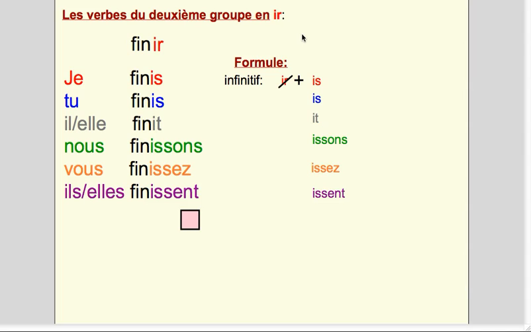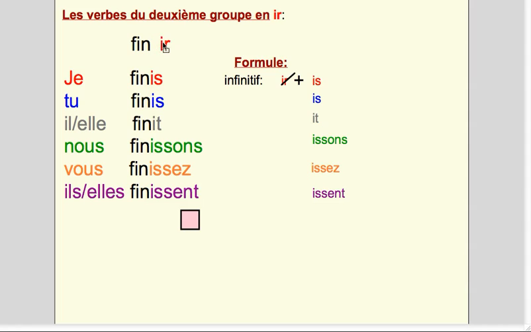Then for IR verbs, well, the formula is the same at the beginning, which means that I use the infinitive of the verb, I remove IR, but then the endings, les terminaisons, they change. So I add is, is, it, issons, issez, issent. Okay?